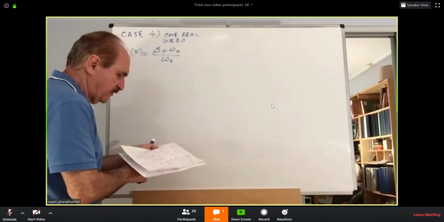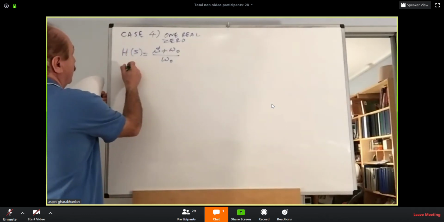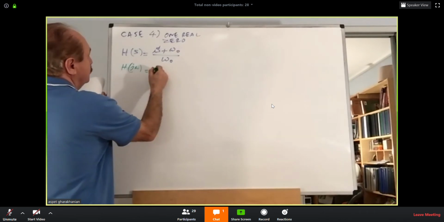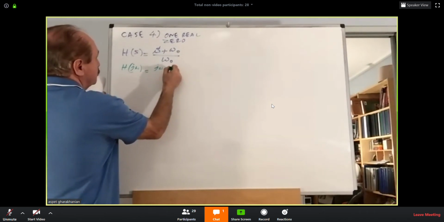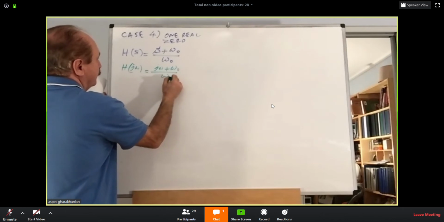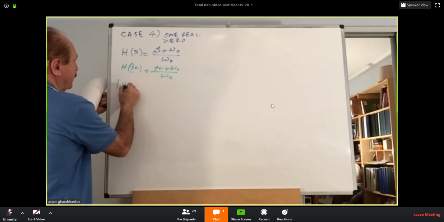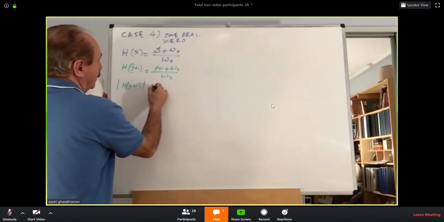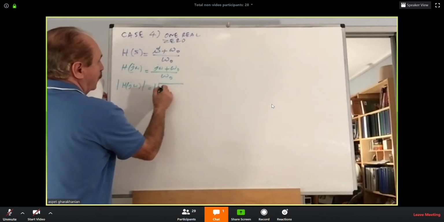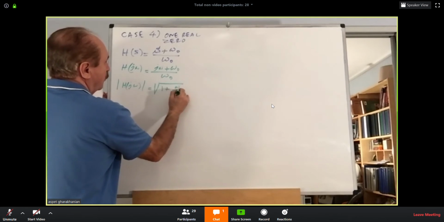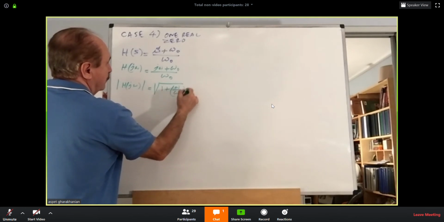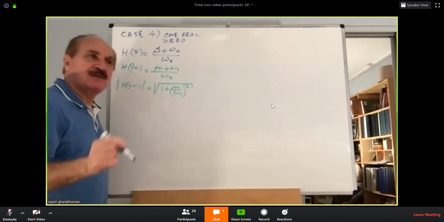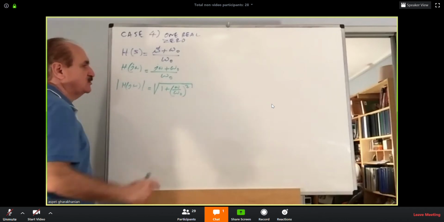The actual transfer function will be H of j omega equal to j omega plus omega O over omega O. Magnitude of H of j omega here will be equal to the radical of 1 plus omega over omega O squared. This will be the accurate function of your transfer function.